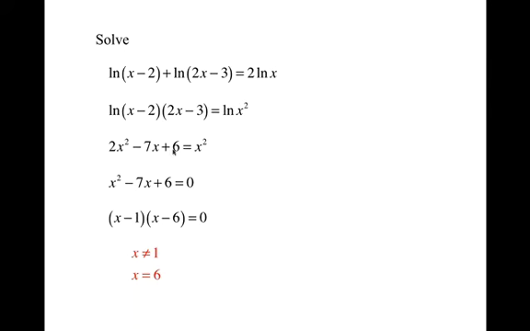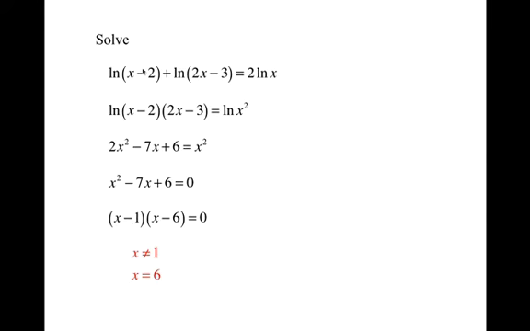The reason why we have an x cannot equal 1 here, well, why is that? Well, what if I substituted 1 into my original equation? What would happen? Well, we would get some negative signs here, right? What's the natural log of -1? Well, if we remember the domain and range of natural log, we can't input a negative value into the natural log.